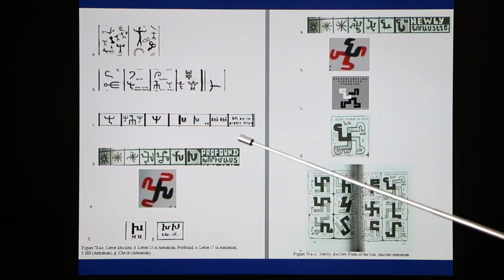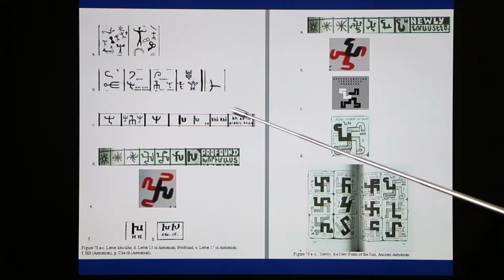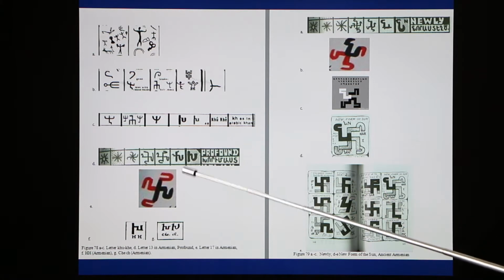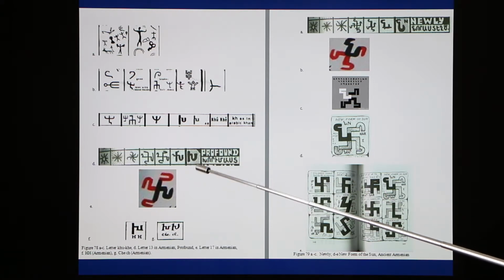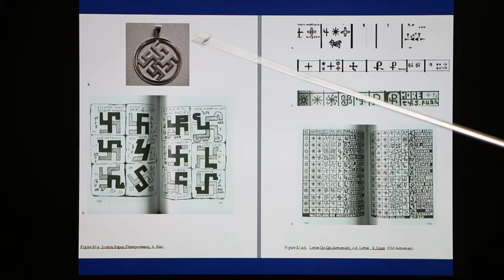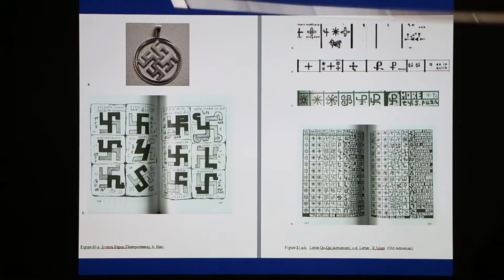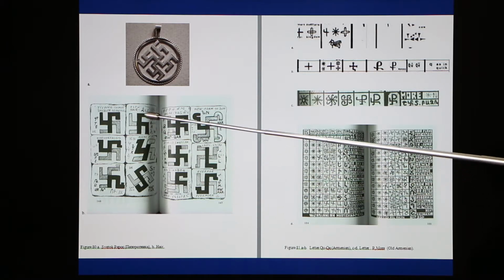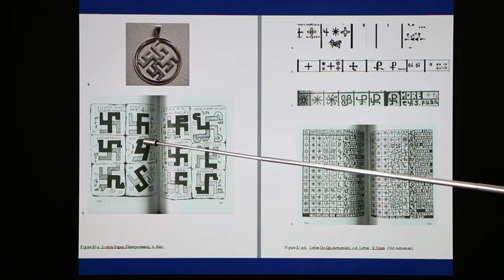Or I start with these men, which becomes this symbol profound, which I see here, and becomes then these symbols as letters. Or this one, which becomes newly, becomes the new form of the sun, and there. Or I have this H-like symbol with a hat on, and I see that as hair.